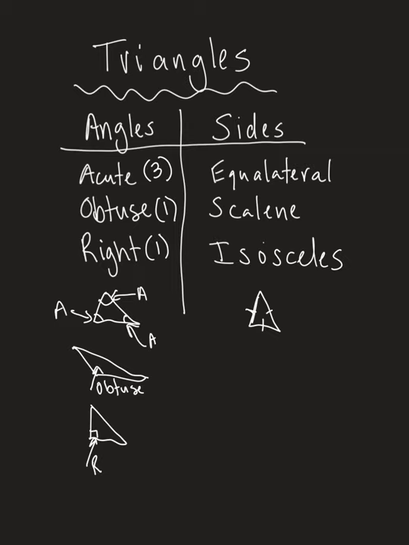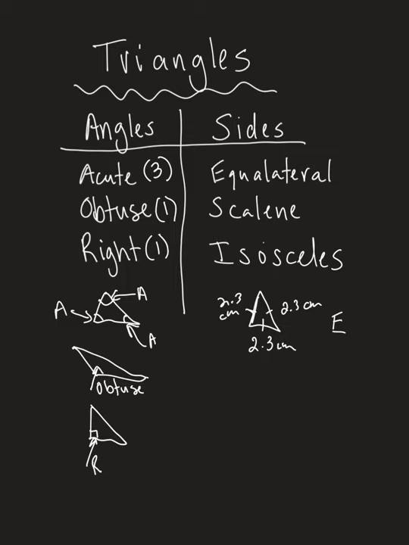It also could say 2.3 centimeters, 2.3 centimeters, 2.3 centimeters. Don't pay attention to specifically the numbers and how they are, whether it's fractions or decimals or whole numbers. Just pay attention to, are they all the same? If they're all the same, then you have the equilateral triangle.